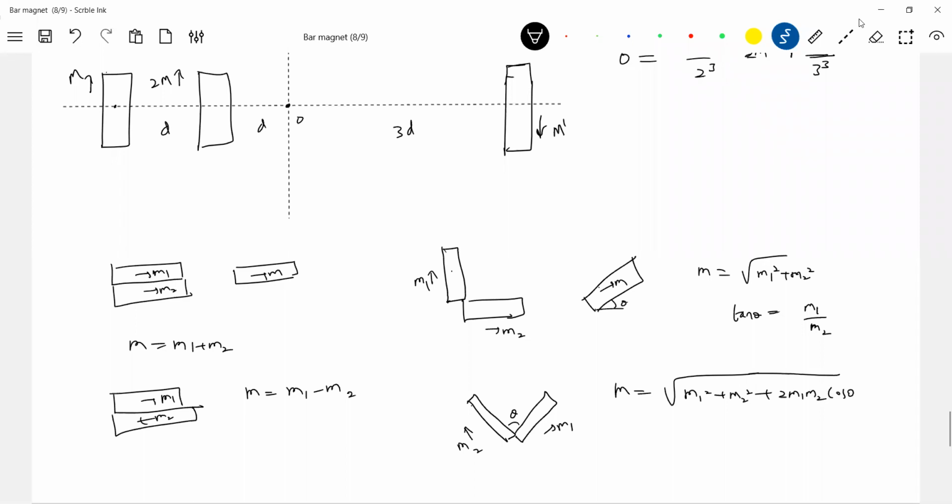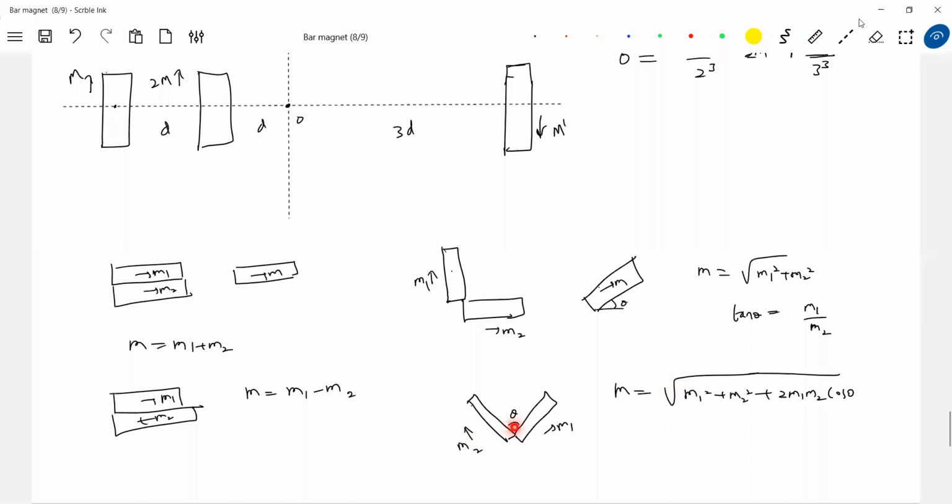You can replace them with an equivalent bar magnet whose dipole moment is equal to this. In numerical problems, sometimes rather than fighting with m1 and m2 individually, you can replace them with one resultant and carry on the problem further. How that m bar should be oriented is given by this angle.